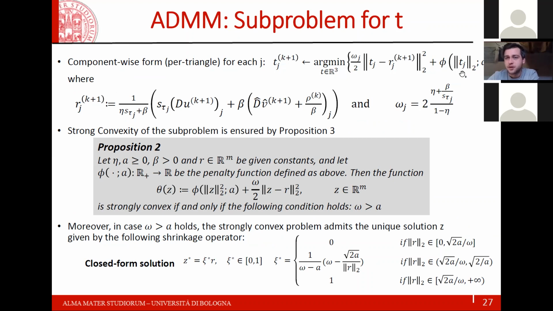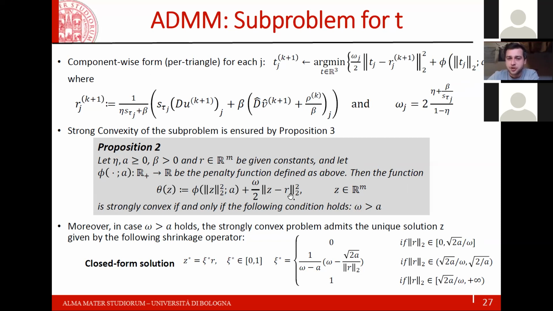Since the phi penalty is present in this subproblem, and we have done all the work to have the overall functional convex, we can study the convexity of the subproblem as well, which is summarized in proposition 2.